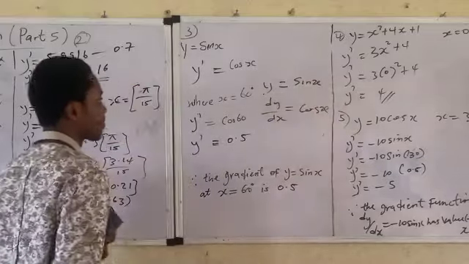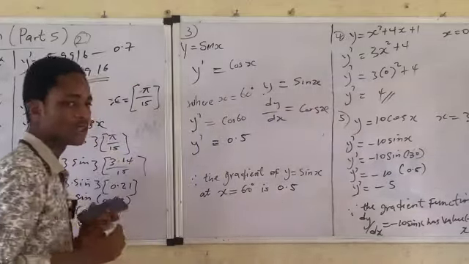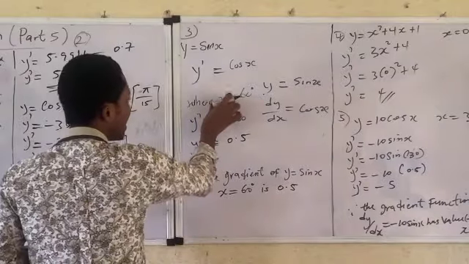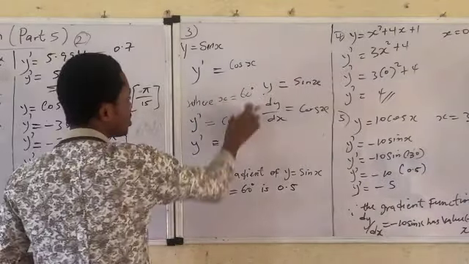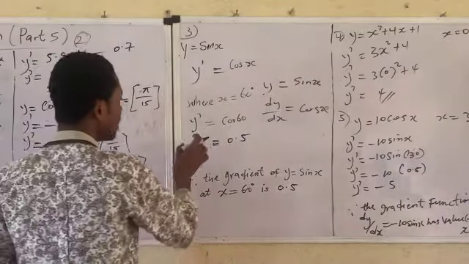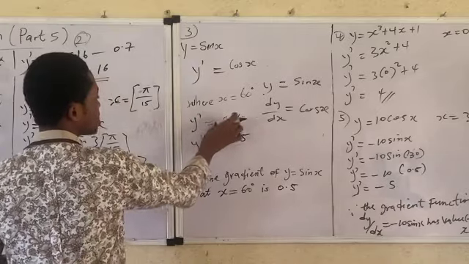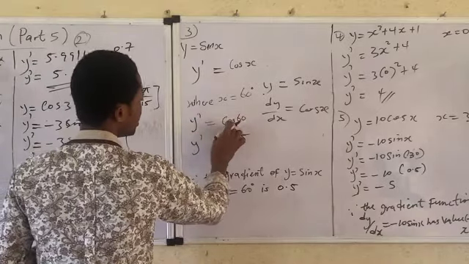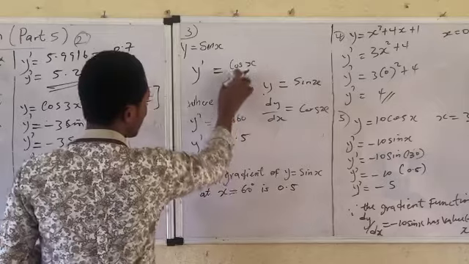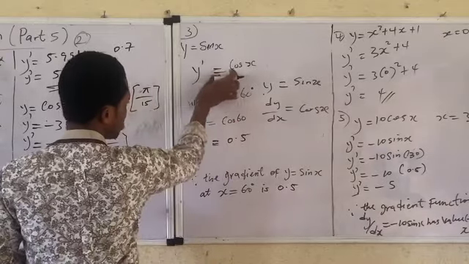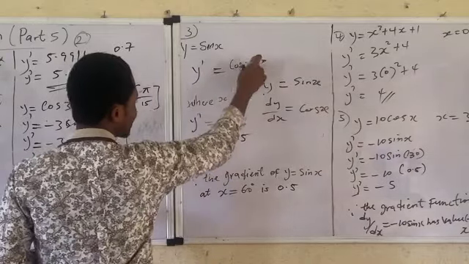Now, according to the question, where x equals 60 degrees, y prime equals cos 60. Remember that we have our cos here, right? Our x now is 60.